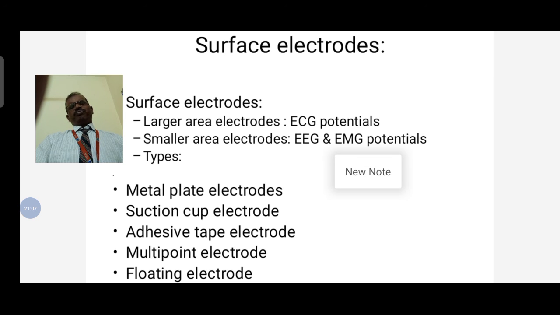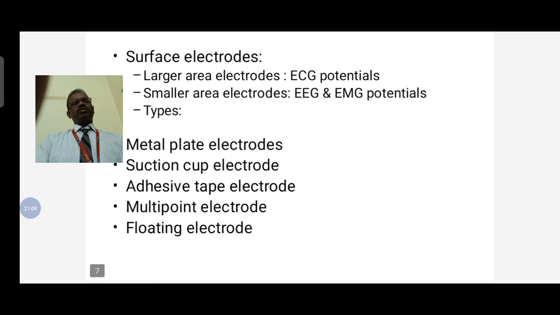In the next class we will see other types of electrodes, and the structure, construction and equivalent circuit for different types of electrodes.